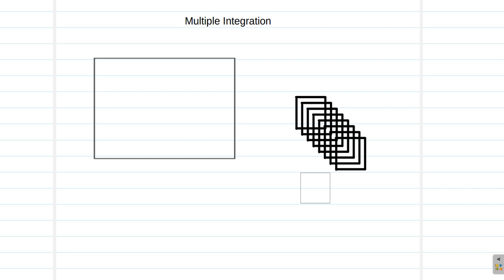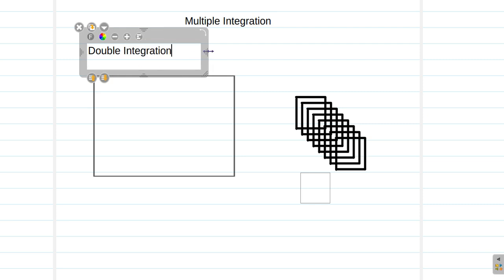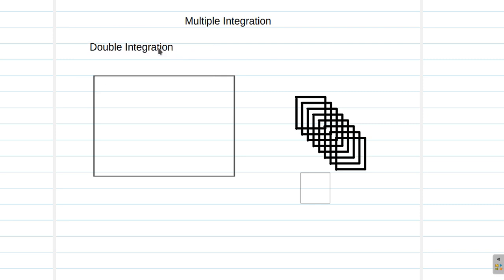Now, when you talk about multiple integration, what you're talking about is double integration and triple integration. But what we're going to be looking at right now is double integration, right? You remember that when you found the area of an object or of a surface using integration, you did just one integration.